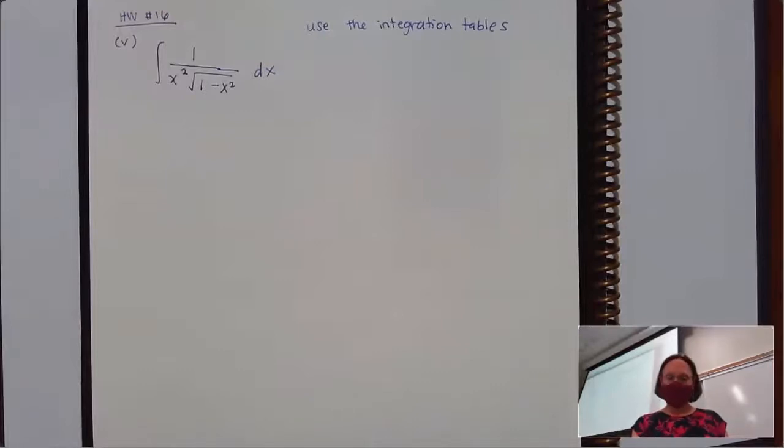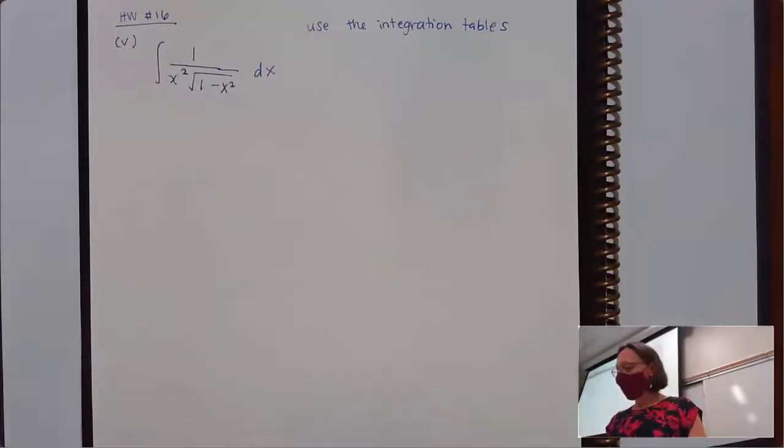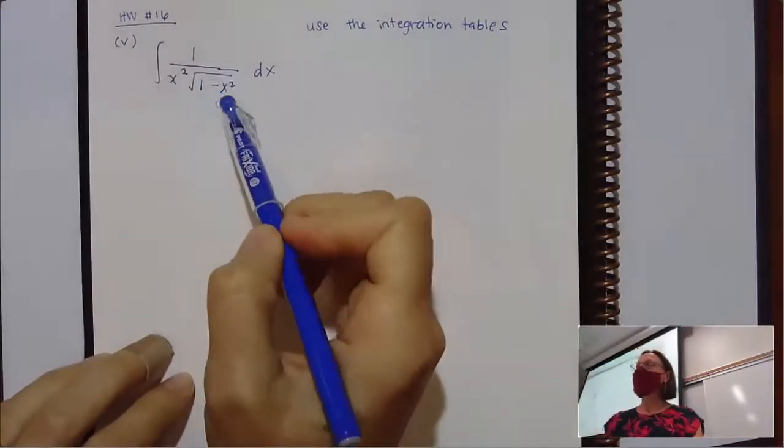So I'm going to pull up the integration tables and start looking for something that looks like this. Now there are different parts of the integration tables. I'm probably looking for the square root part.